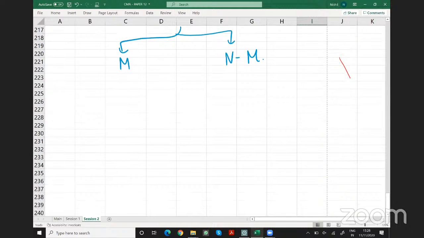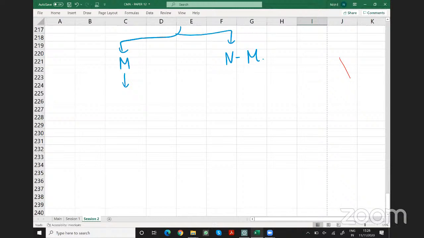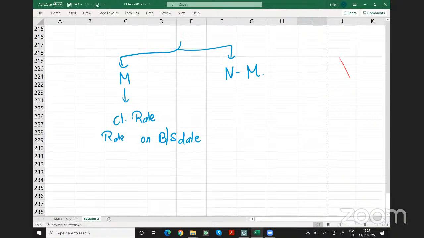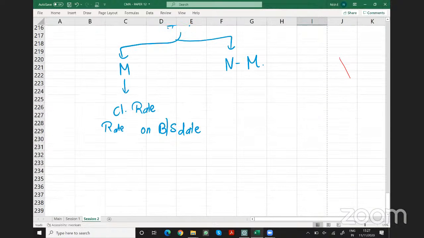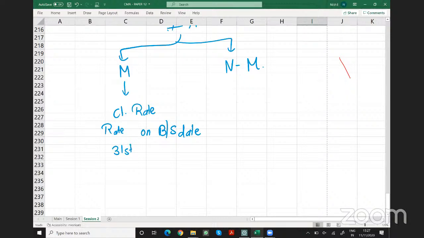Monetary items like receivables, payables should be recorded at closing rate. Closing rate is the rate on balance sheet date. Means if I'm closing my balance sheet on 31st of March 2020, the rate should be considered on that date.